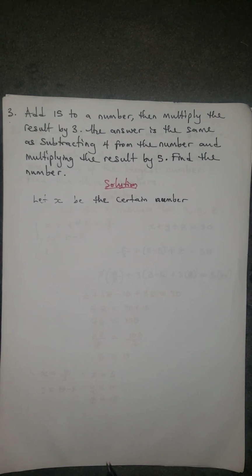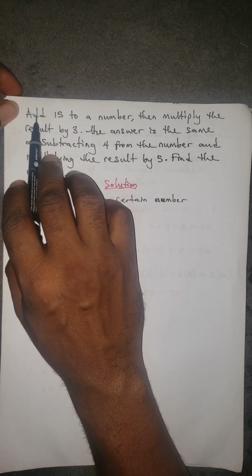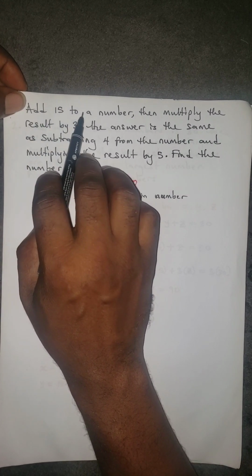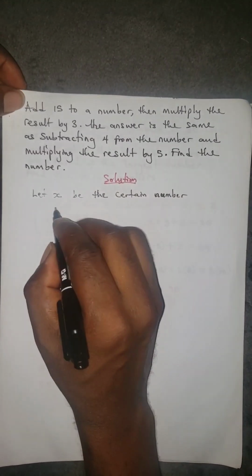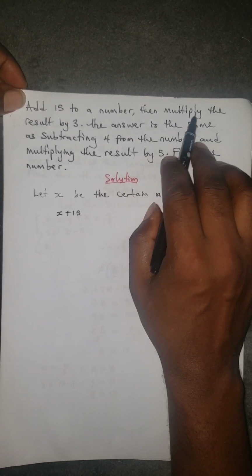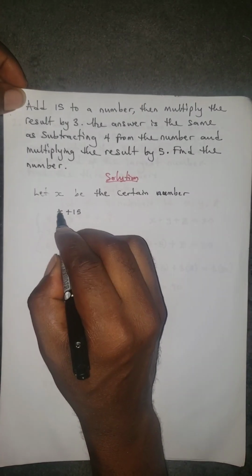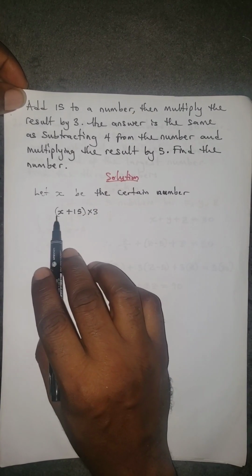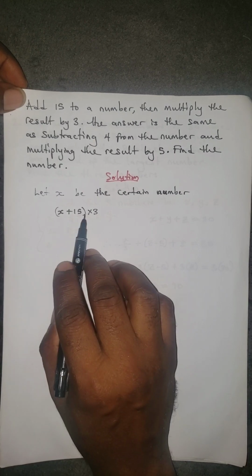Okay, so what does that mean? Let us go back now, sentence by sentence. Add 15 to a number. So we say x plus 15, then multiply the result by 3. This is the result, so you multiply it by 3. You can see that I have enclosed it in a bracket.